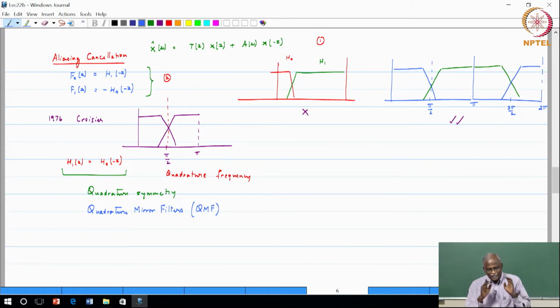Quadrature mirror filters started from two channels where you have a certain symmetry around the quadrature frequency, and of course the aliasing cancellation constraint as well.